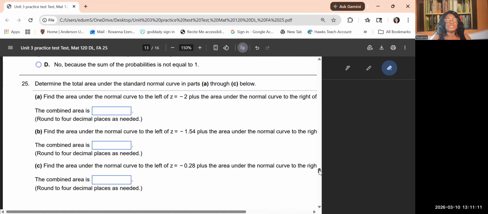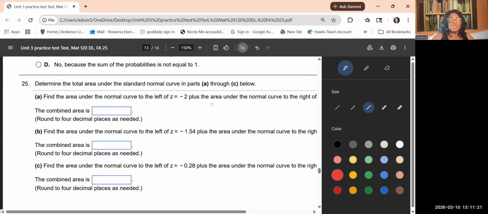Question number 25 says, determine the total area under the standard normal curve in parts A through C. In this question there are 1, 2, 3 parts, and yes, this kind of question is in the test. You can be doing 1 question, but there are 3 parts in it. That's why you need to have speed and accuracy.